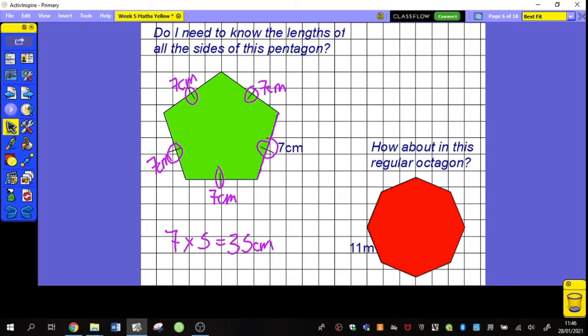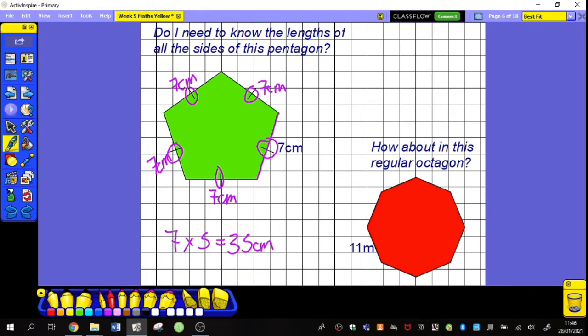What about this one? How about this regular octagon? Now this time, there are no little lines, but the clue to tell me that all these sides are the same length is in the question. If a shape is regular, that straight away tells me that all sides are the same length. All sides the same. So that is effectively just as good as putting all of these little lines on it.